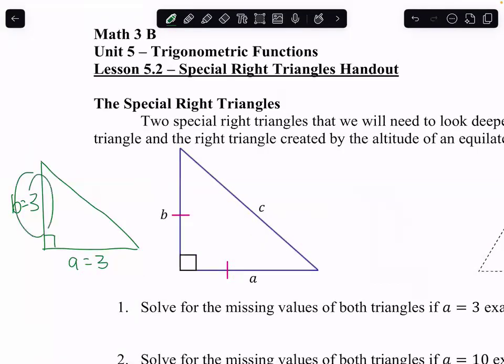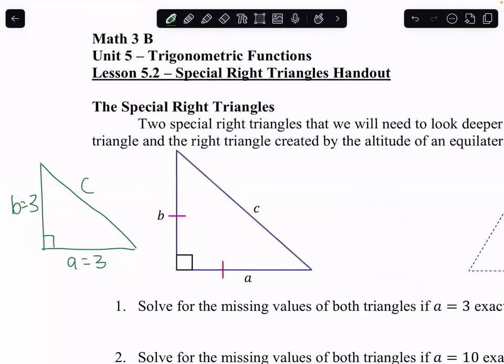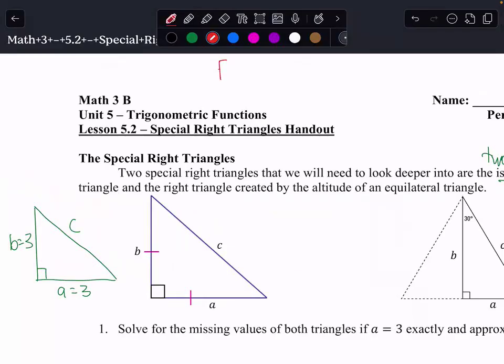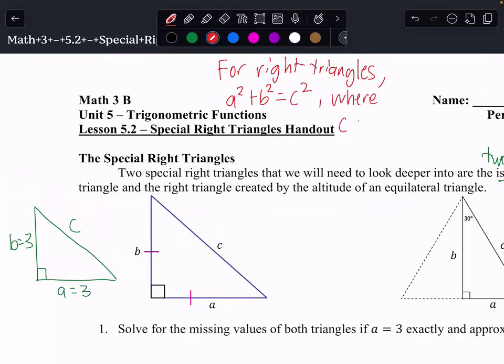But now that we know two of the sides, we can find the third through the Pythagorean theorem. We want to recall that for right triangles, not for all triangles, only right triangles, a squared plus b squared equals c squared, and c has to be the hypotenuse, which is the vocab term for the longest side of a right triangle.